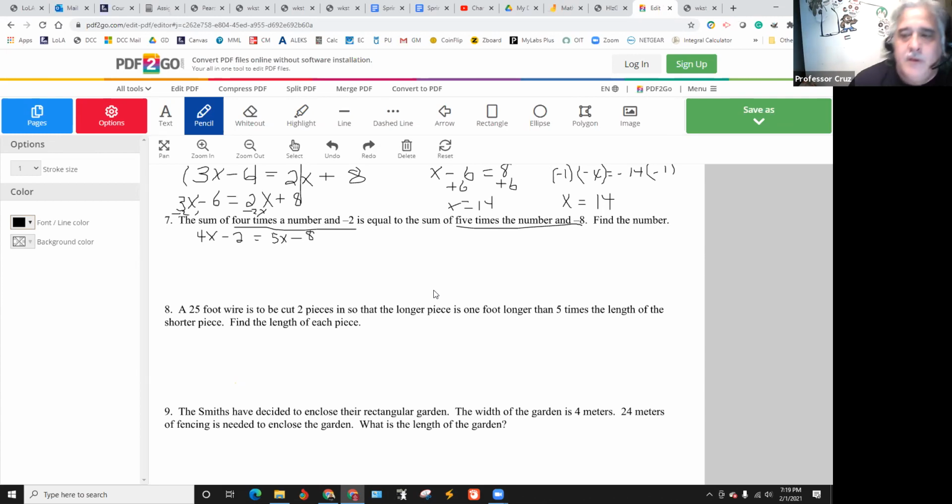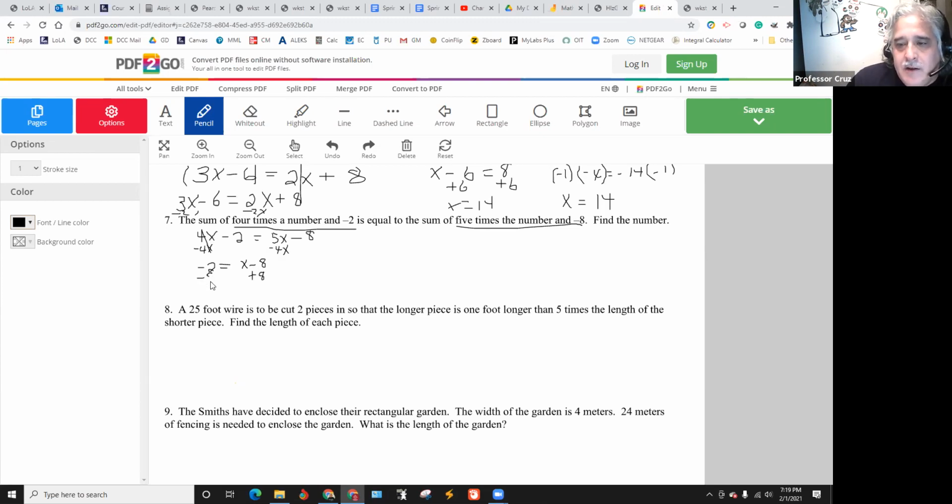And this is a good one too that we can work on the opposite side if you want to. This is one reason why I sometimes bring my x's to the right hand side, so that we don't end up with a negative x, because it can be confusing. If you bring it over here, then the x's are positive. So that's just going to be a plain old x minus 8. So if it helps you, you do that.